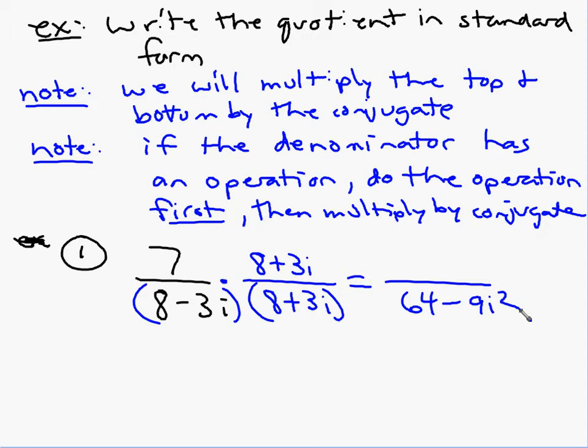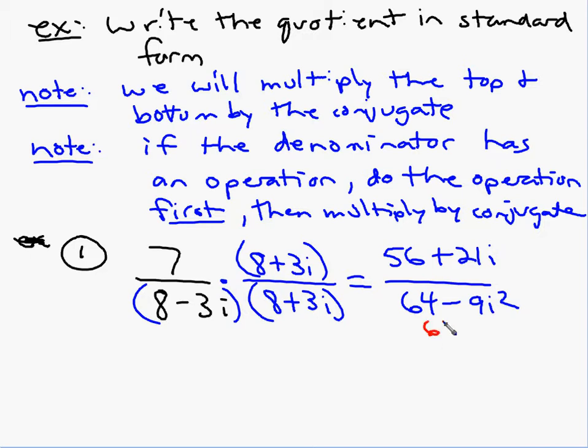Don't skip steps on this. You'll mess it up if you do. People all the time try to skip steps and then they get wrong answers. On the top, you need to do the distributive property. So that will become 56 plus 21i. On the bottom, we're just about done with this problem already.